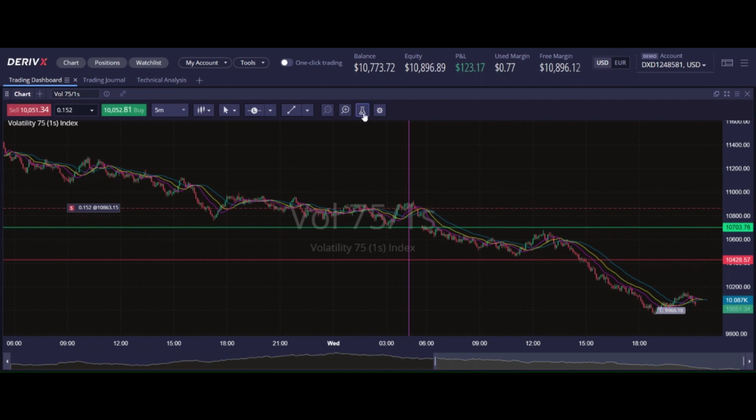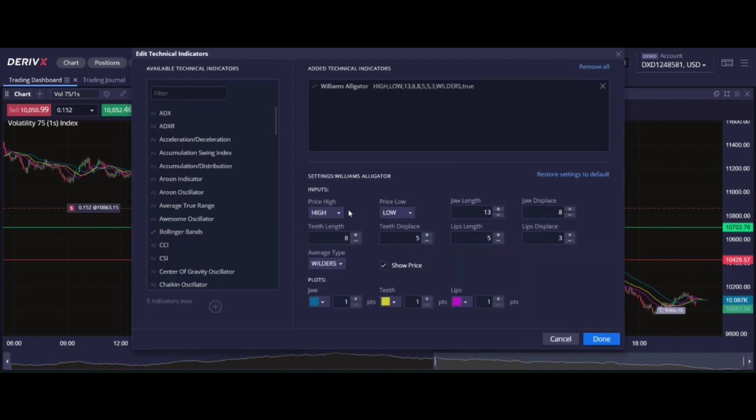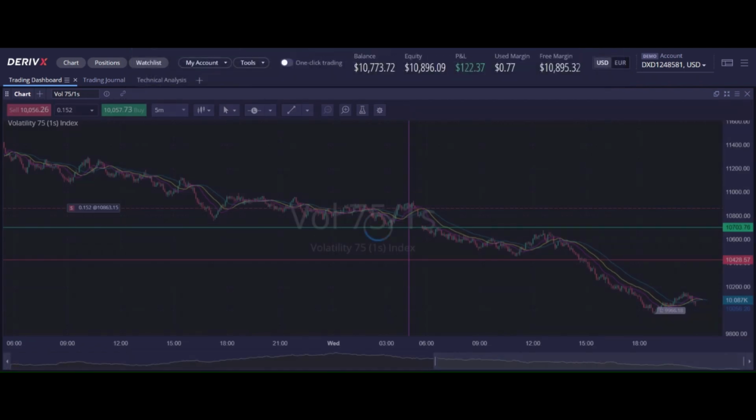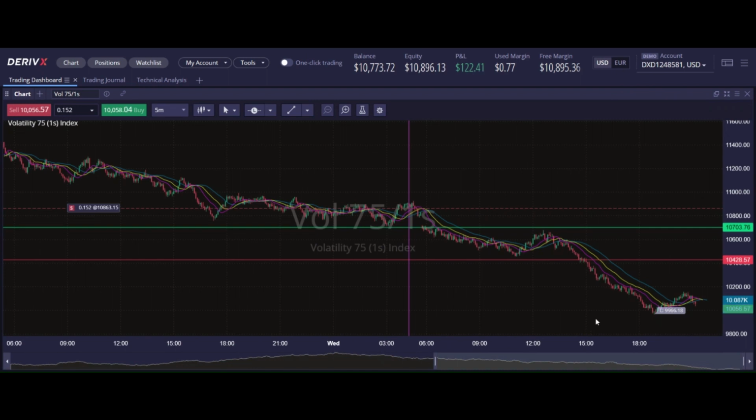So the indicators I'm using here are called Williams Alligator. They are just indicators, but I don't rely much on the indicators, they just give some kind of specific direction.